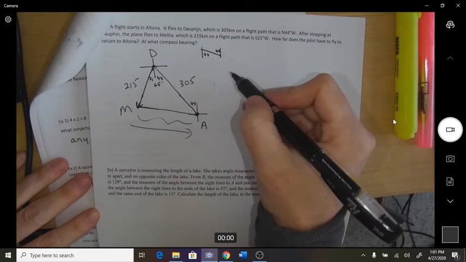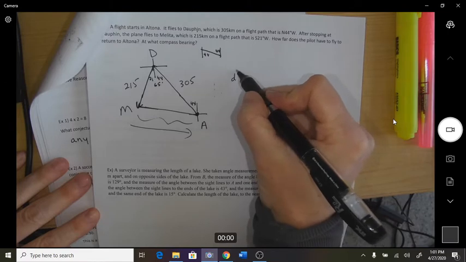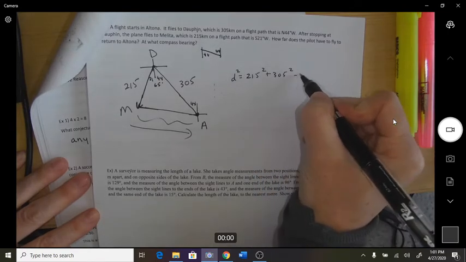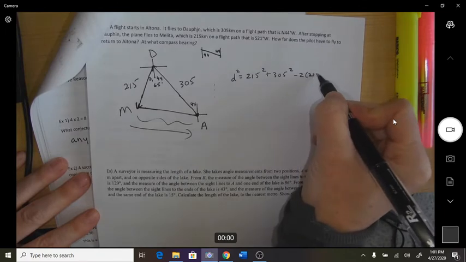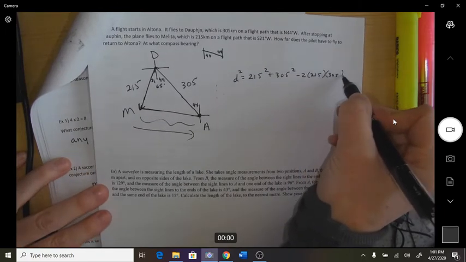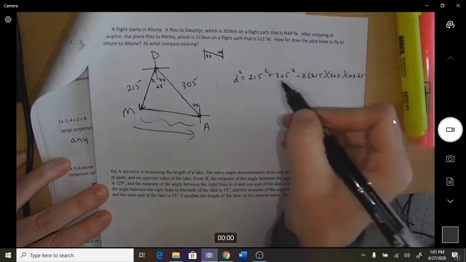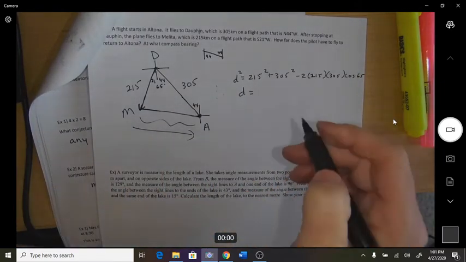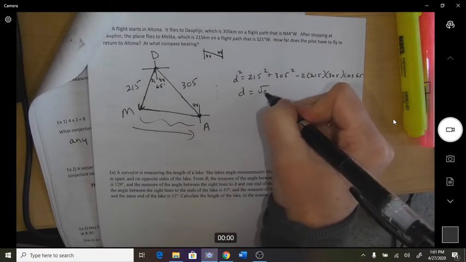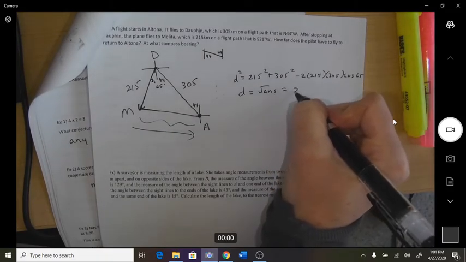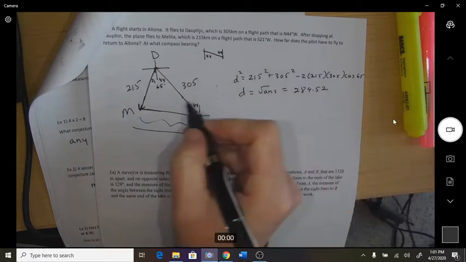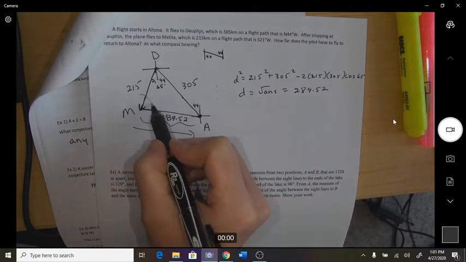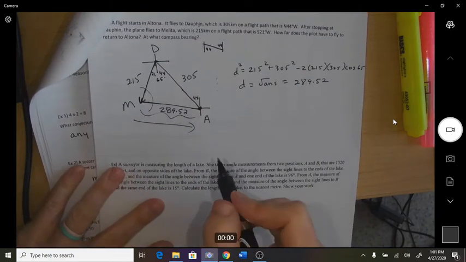So I can go d squared equals 215 squared plus 305 squared minus 2 times 215 times 305 times cos of 65. So calculator, don't forget to square root. And you get 289.52. Okay, but I want to figure out my compass bearing in this corner.